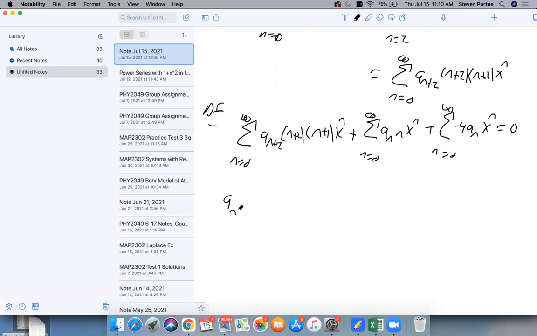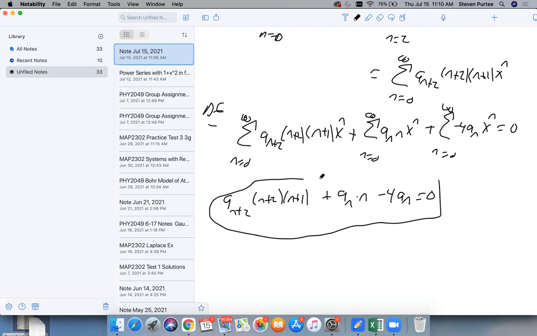So here's my recursive formula. Of course, I would probably want to isolate this guy here, move all this stuff to the other side, divide by these, and so forth.